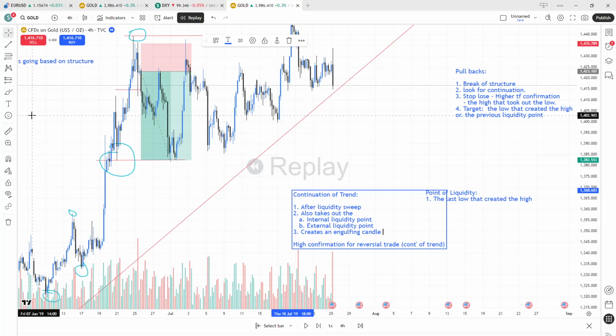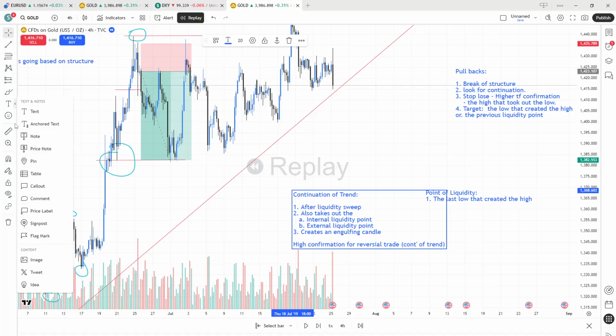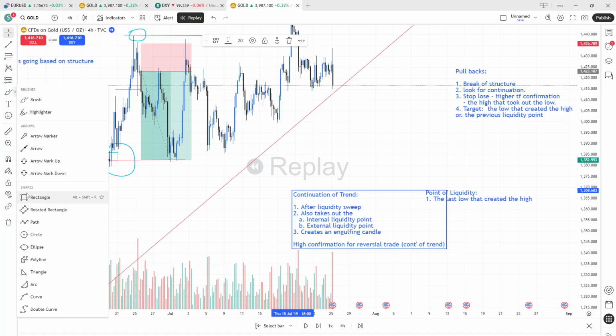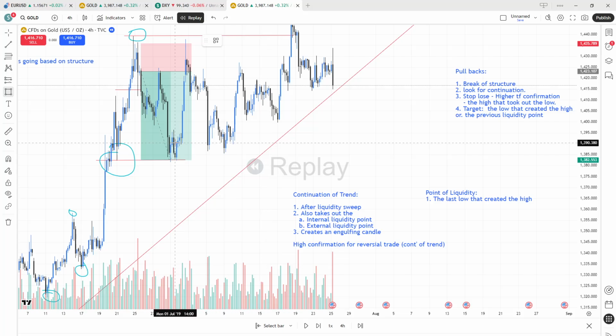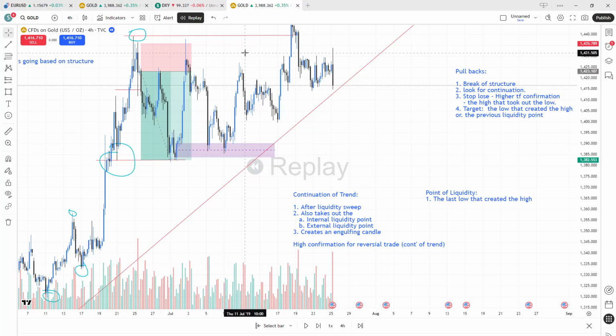So what do we say about the engulfing candle? Here we can say that price will come back and retest this area, giving us another bullish move.